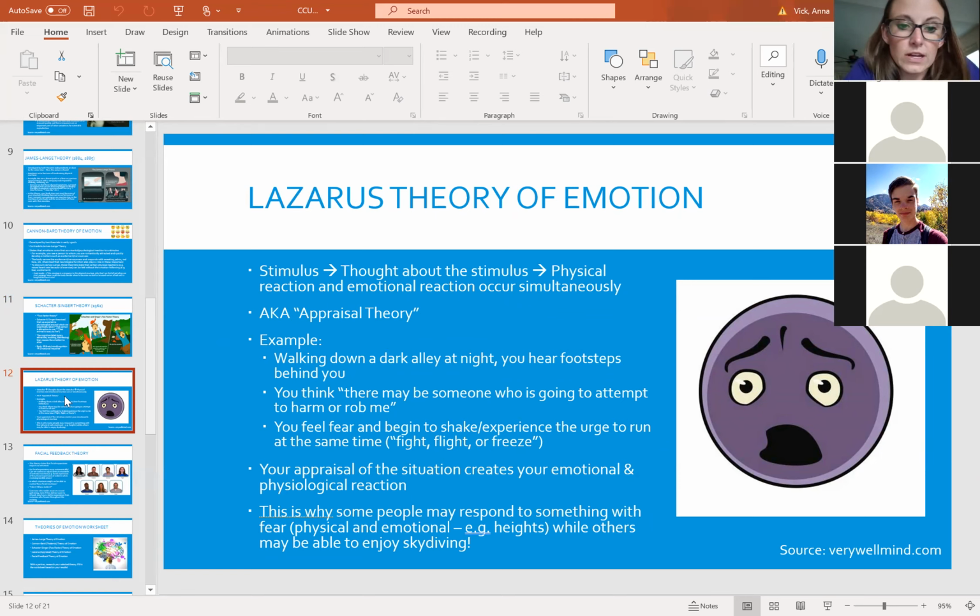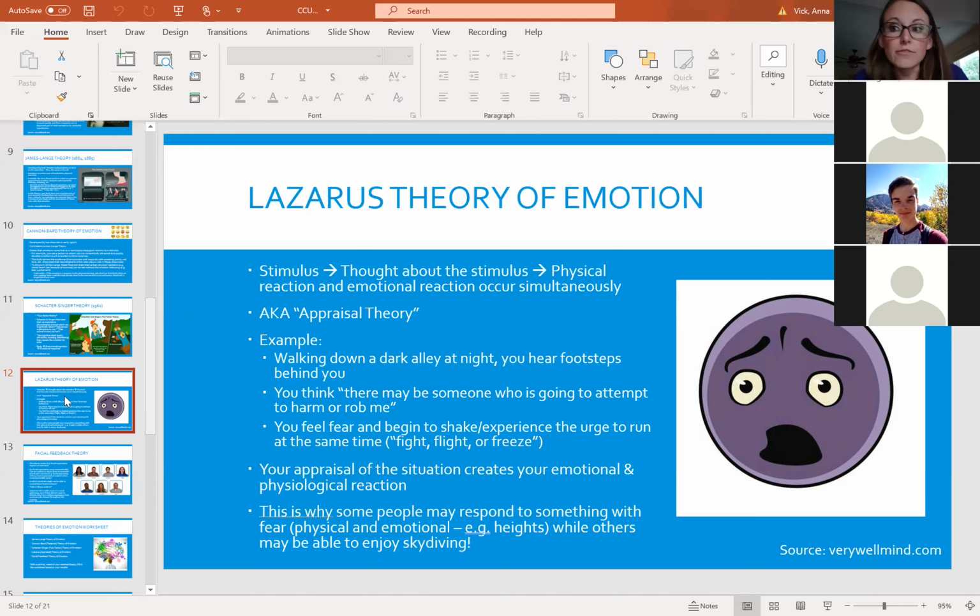So the example provided here is we're walking in the dark, we hear a noise, and we think, so there's a cognitive part, stimulus, thought, somebody's going to hurt me, somebody might rob me. And then at the same time in the Lazarus Theory, our emotional reaction, which could be fear, and our body reactions come into play.